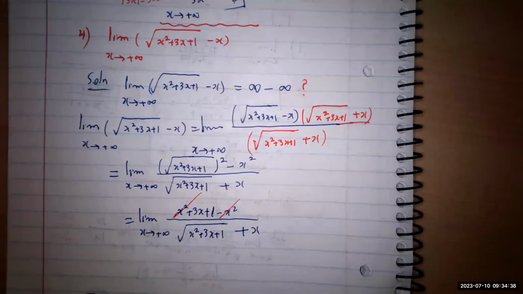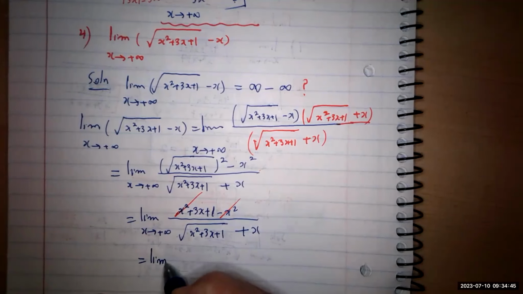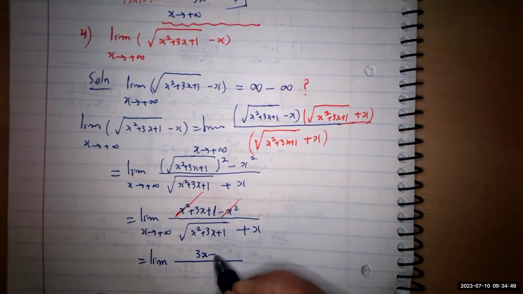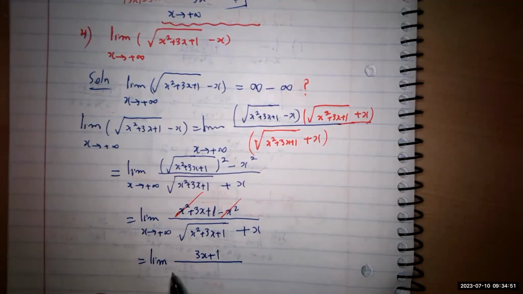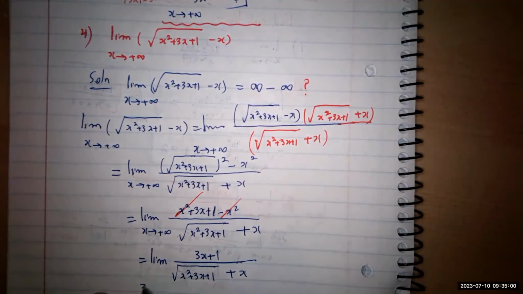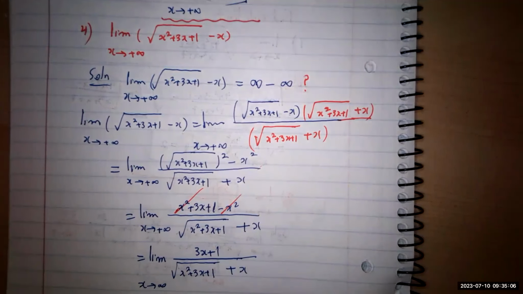Now you get something like the previous problem. You change it into the format that you'll be able to handle: it's 3x plus 1 on top, and on the bottom we get the square root of x squared plus 3x plus 1 plus x, when x goes to positive infinity. Any question? So you need this extra action.